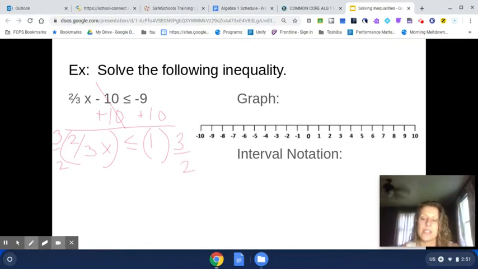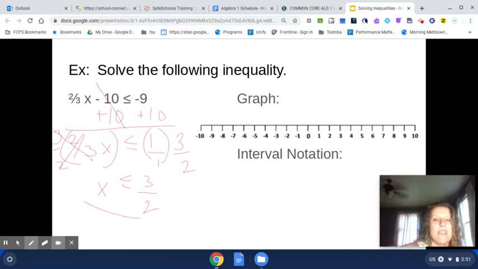All right, so we're going to simplify that left side. 3 halves times 2/3 makes 1. They're inverses, so we just get 1x, or just x, is less than or equal to, and then I'm going to put that 1 over 1, so then we can just multiply straight across. 1 times 3 is 3. 1 times 2 is 2.